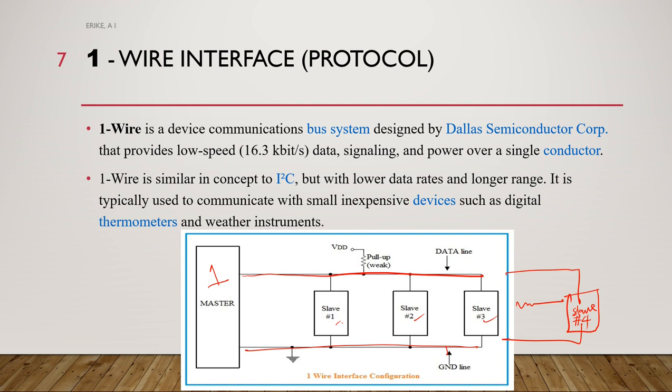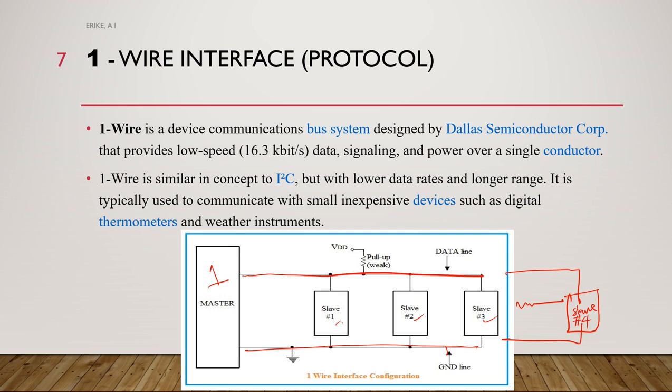Okay, each device on the bus has a genuine 64-bit serial number. So during communication, the least significant byte of the serial number is an 8-bit number that tells the type of the device.